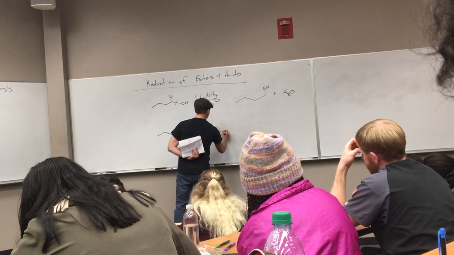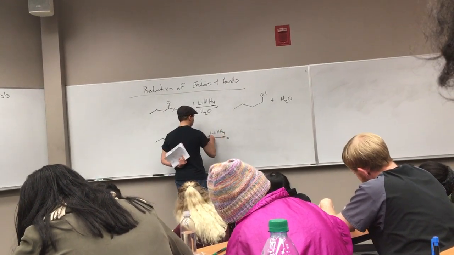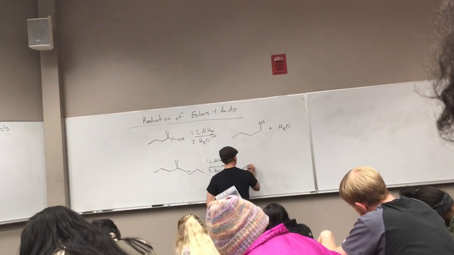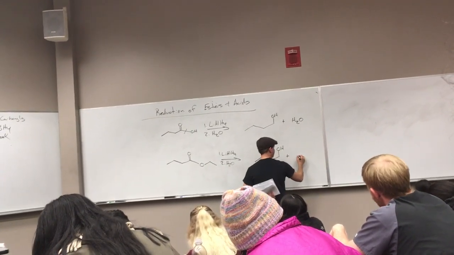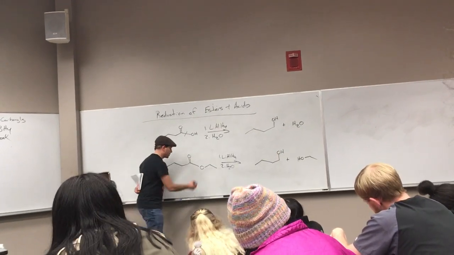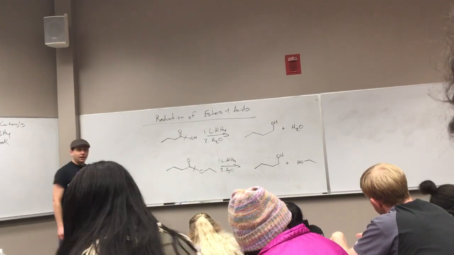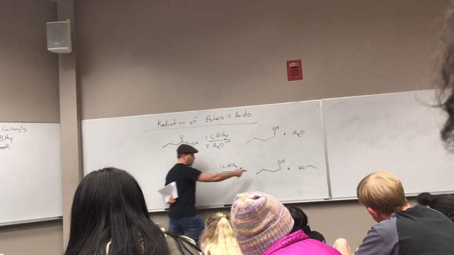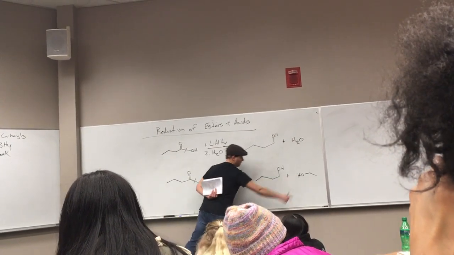So if I treat this with lithium aluminum hydride and a water rinse, I still get that alcohol, but now I will also get a molecule of ethanol. You are still breaking that molecule right there. Does everybody see that? Then all you are doing is removing your pi bond here, turning that oxygen into an alcohol, and turning this oxygen into an alcohol.